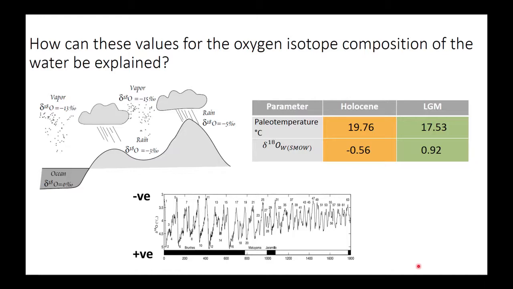So when eventually that forms precipitation into an ice sheet, we've removed light isotopes from the ocean. Okay? And that fractionation can be quite large due to that Rayleigh distillation effect, which you should know about. So this means that when we grow a large ice sheet, we're removing lots and lots of light isotopes.